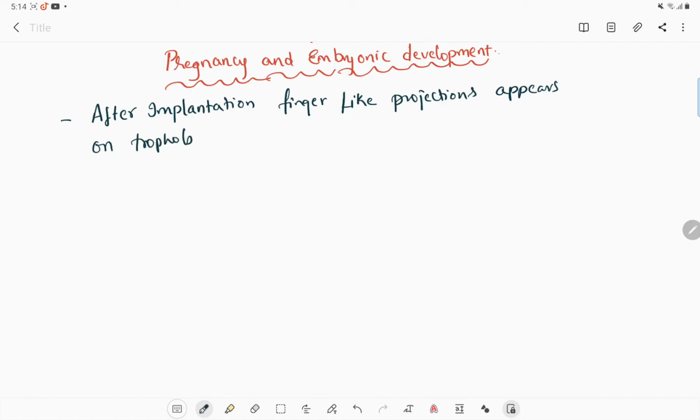These finger-like projections which appear on the trophoblast are called chorionic villi.